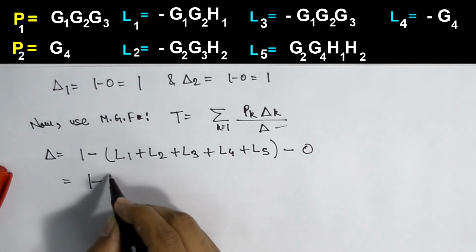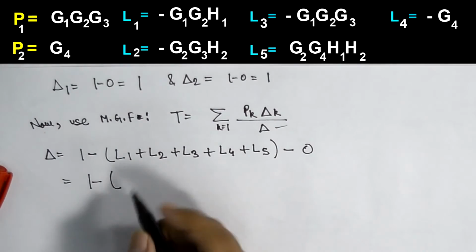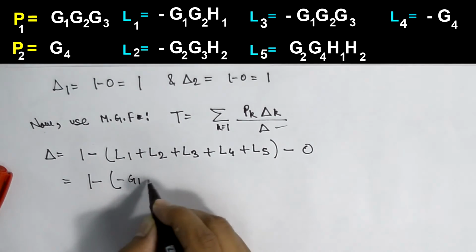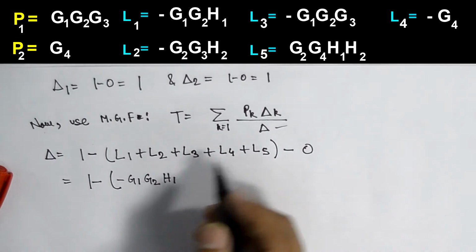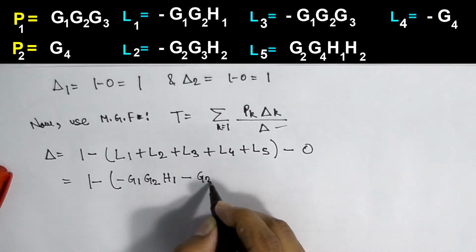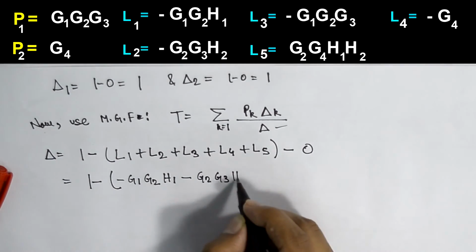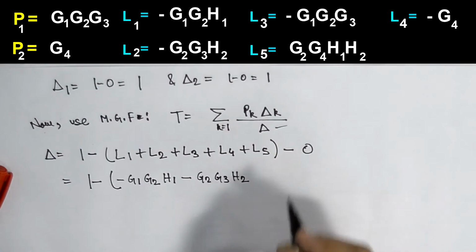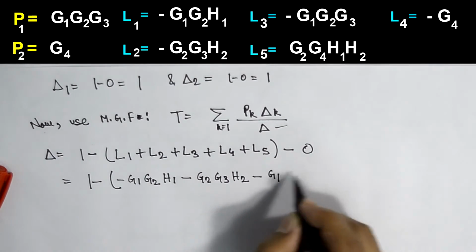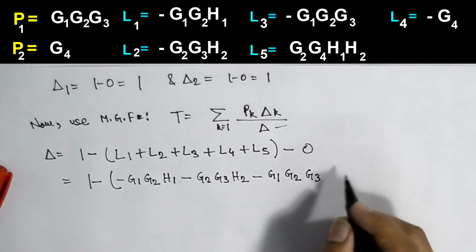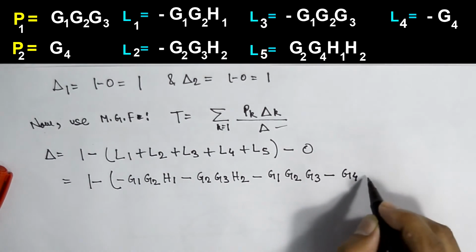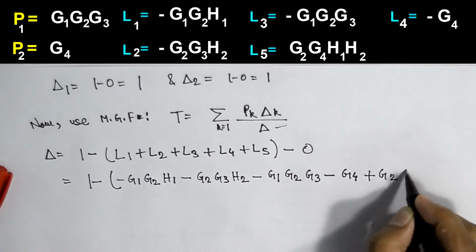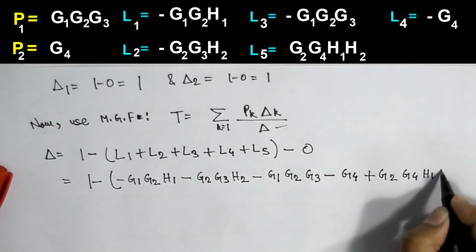So 1 minus, what is the result of L1? That is minus G1 times G2 times H1, and L2 is minus G2 times G3 times H2. L3 is minus G1 times G2 times G3. L4 is minus G4, and L5 is plus G2 G4 H1 H2.